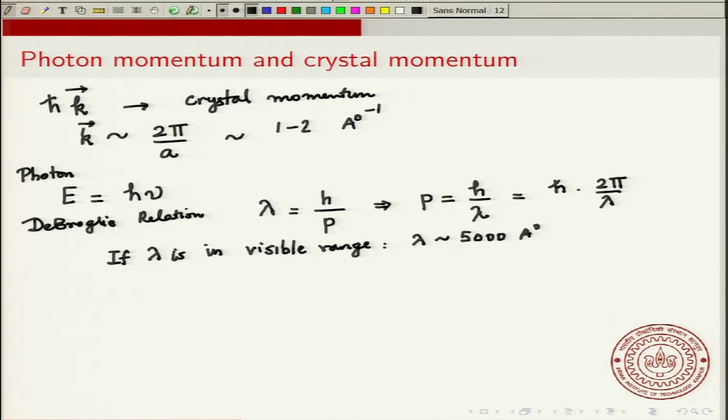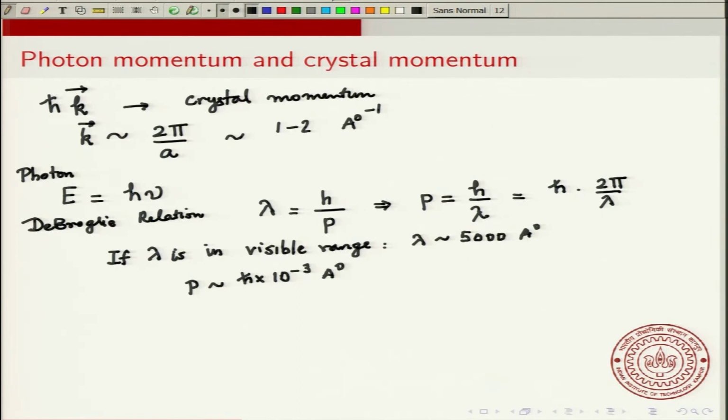What you can see is that p for the photon is h bar times 2 pi by 5000. So it is h bar times something like 10 power minus 3 angstrom inverse. This is a typical value, so I should not say equal to; it is of order h bar times 10 power minus 3. 2 pi is about 6, so 6 by 5 is of order 1, and you have 1 by 1000, that is 10 power minus 3 angstrom inverse.